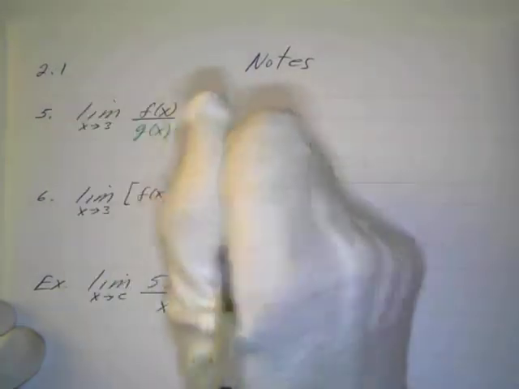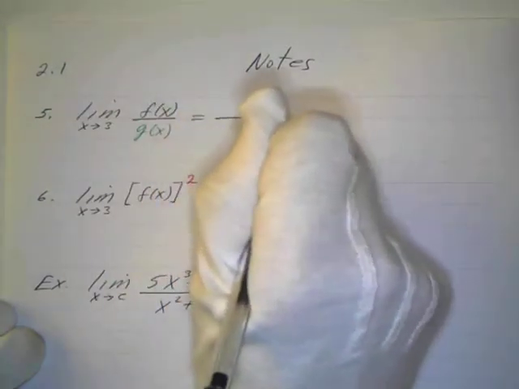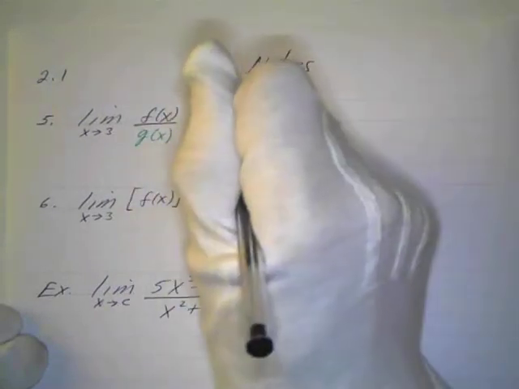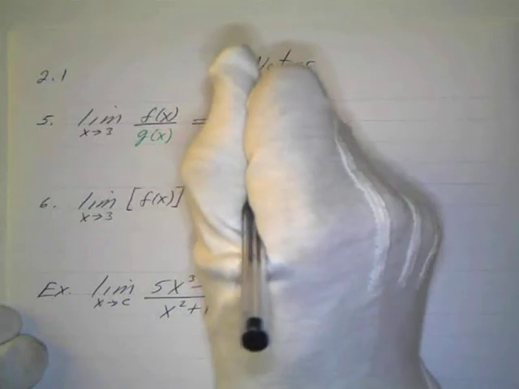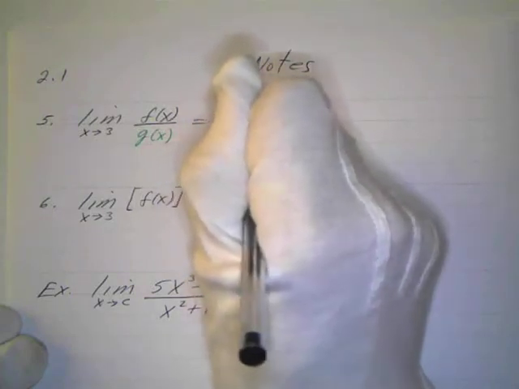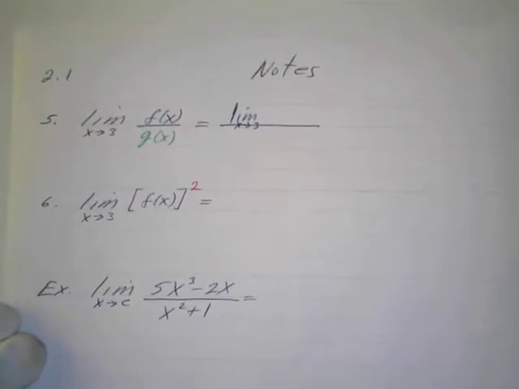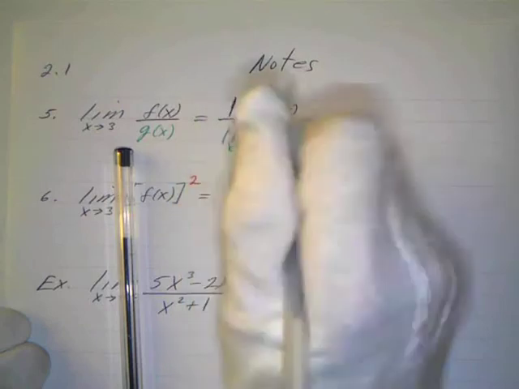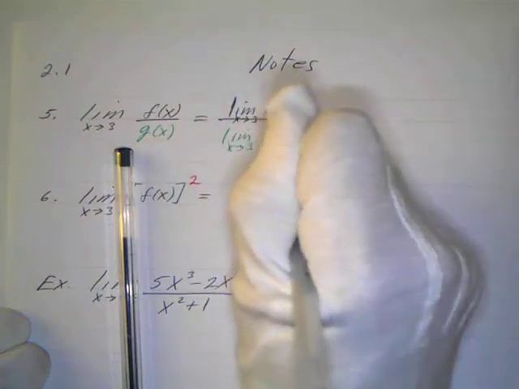So remember the quotient is our division sign, so we're going to put it over here, and that's going to be the limit as x approaches 3, I didn't make enough room there, sorry about that, of f of x all over the limit as x approaches 3 of g of x.